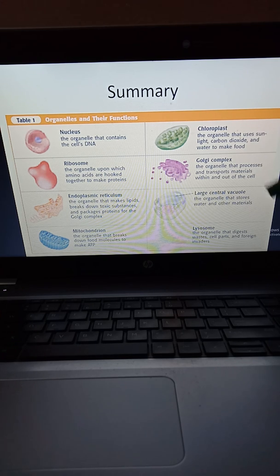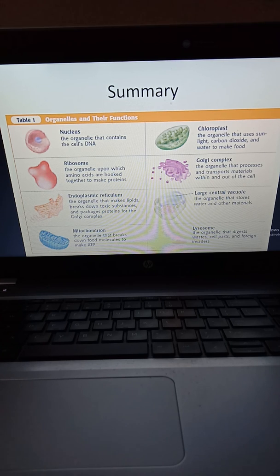Now I don't need to explain their function because I have explained it, and you can go back to my previous lectures to look at their function and how they look. The rest of the two organelles belong to storage of something, for example, lysosome and large central vacuole.